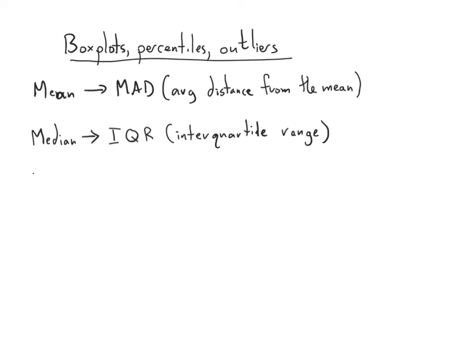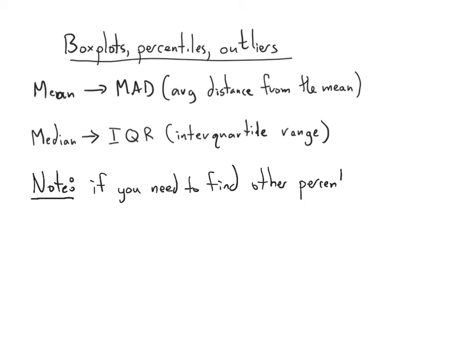The last thing I want to say is we didn't really cover how to take percentiles for any percentile. There are lots of different ways to do it. There's no strict definition of a percentile, because the various definitions differ so little when you have large data sets that it doesn't really matter. But if you need to find other percentiles, you can look up how to calculate them.